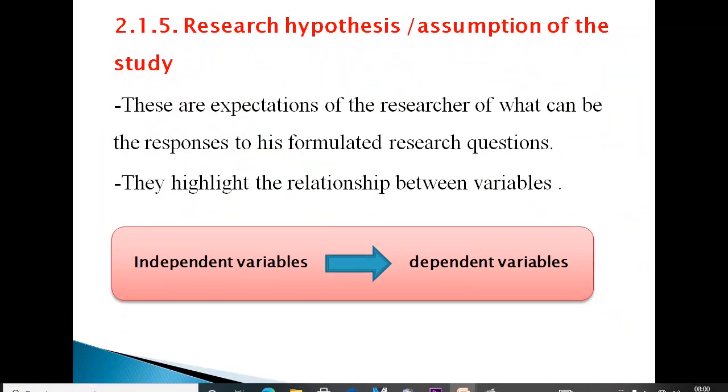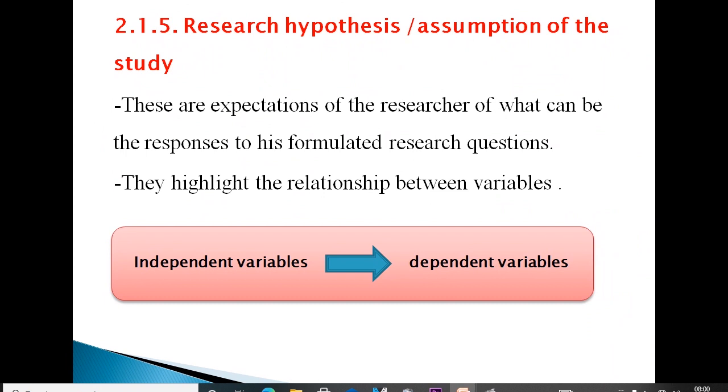So you can ask what is a research hypothesis or the assumption of the study. These are expectations of the researcher of what can be the response to his formulated research questions. The research hypothesis or assumption of the study highlights the relationship between variables. When we say between variables, we mean independent variables and dependent variables.